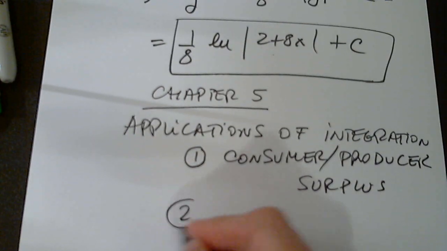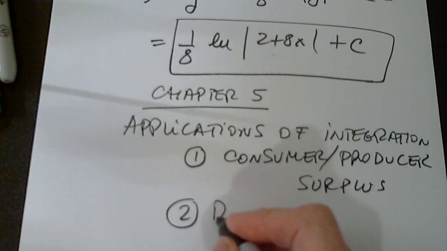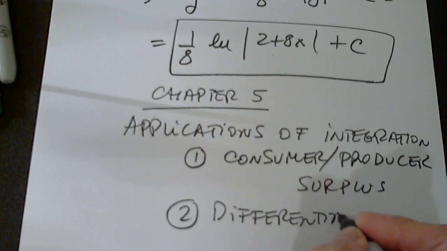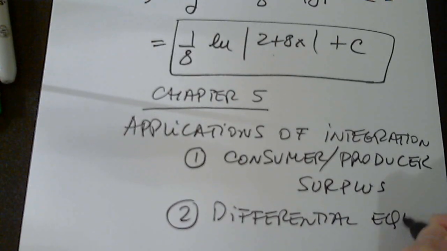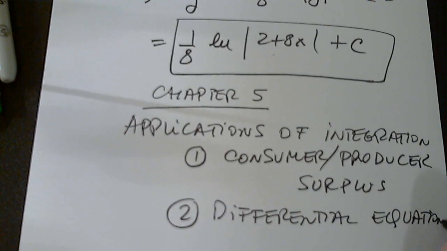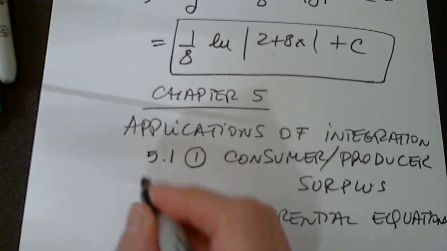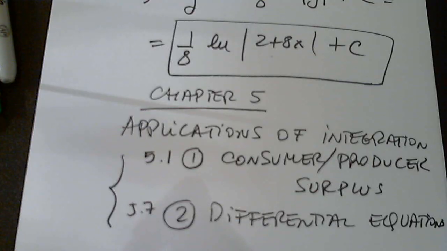And the second, very simple differential equations. This is section 5.1 and this is section 5.7. That is all we cover in chapter 5, 2 sections. And then we're going to move on to chapter 6, which is the last chapter of this course.